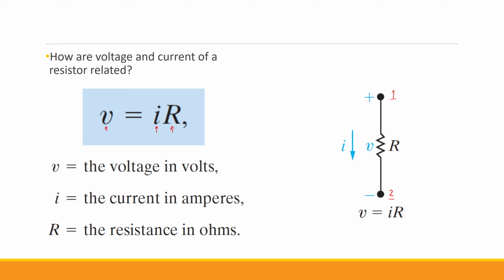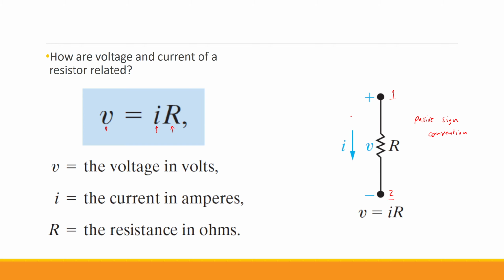This is a graph that is drawn using the passive sign convention rule. If you remember, we said that if the direction of the current is in the direction of the voltage drop, so we have the positive side here and the negative sign here, that means that from terminal 1 to terminal 2 the voltage drops.